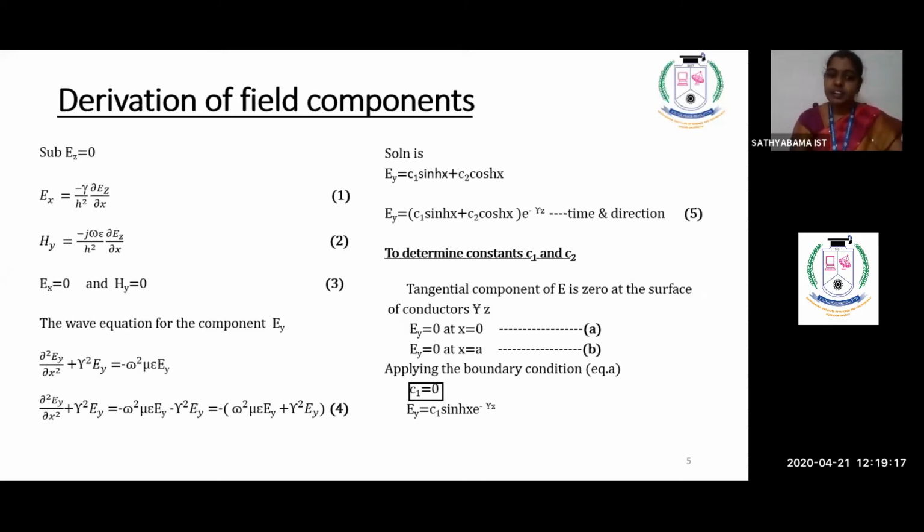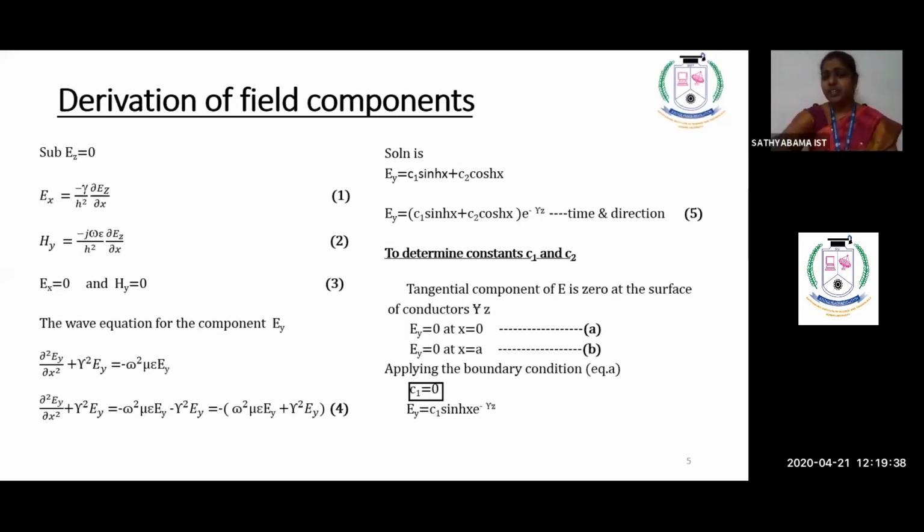We can write a solution for a second order differential equation. Your mathematics teaches a lot. According to mathematics there are many solutions, but one solution needed for our derivation we have picked up. It is written as Ey equal to C1 sin hx plus C2 cos hx.